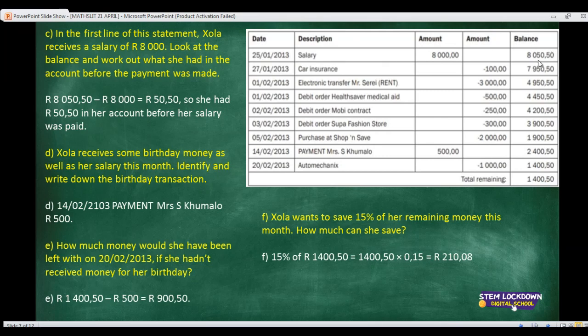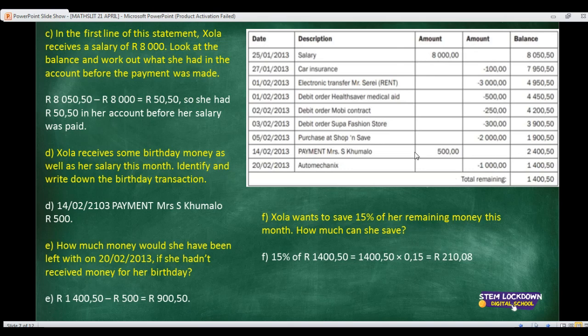To work out the balance, as we mentioned, you add all your credits and you subtract the debits. So you add all the incomes and you subtract all the expenses. You'll work according to the date.